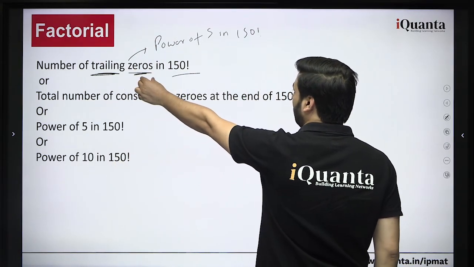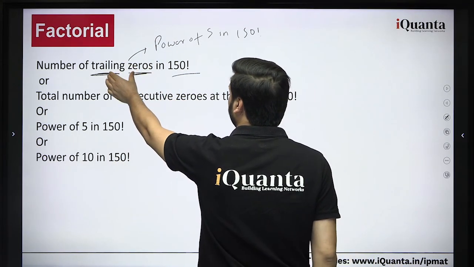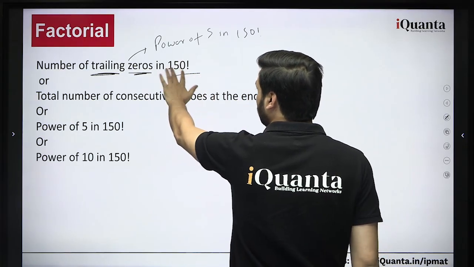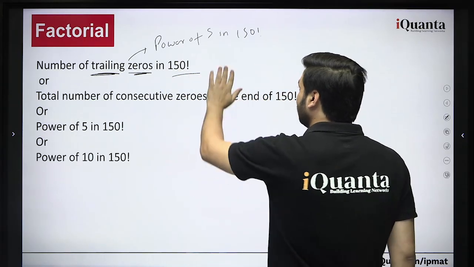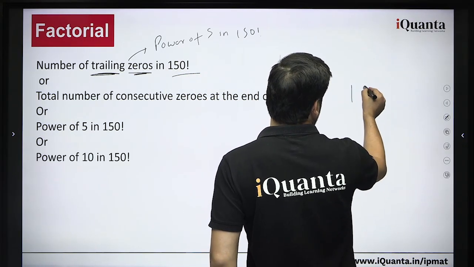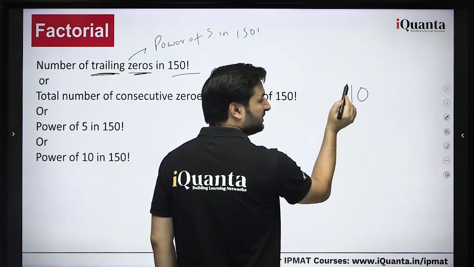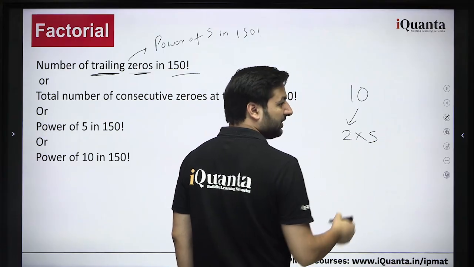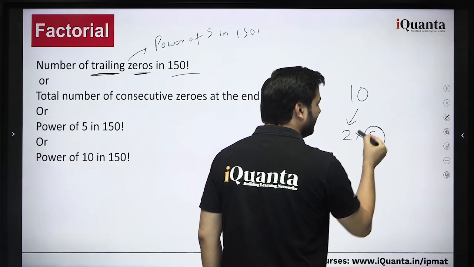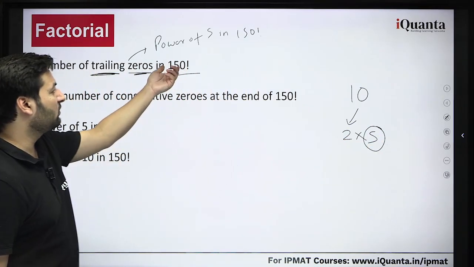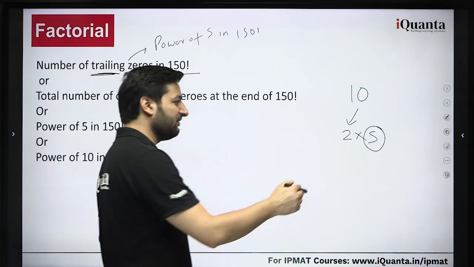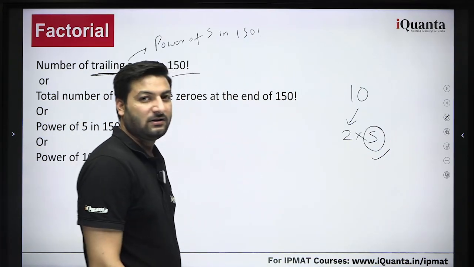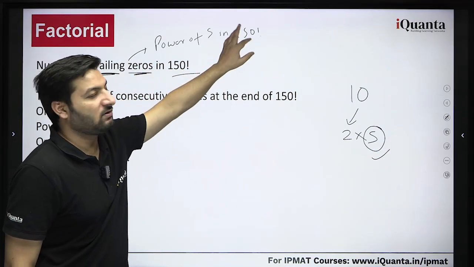Because if you are finding out the number of trailing zeros at the end of 150 factorial, that simply means to generate a 0 you need 10, to generate 10 you need a 2 and a 5, and we obviously know that there will be fewer 5s than 2s in the product of 150 factorial, and that is why 5 again becomes the limiting prime, understood, and we will simply calculate the power of 5 in 150 factorial.